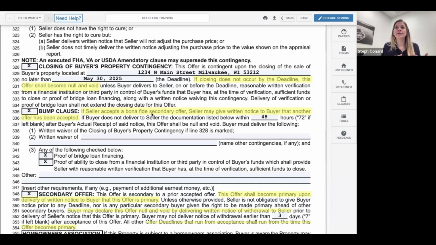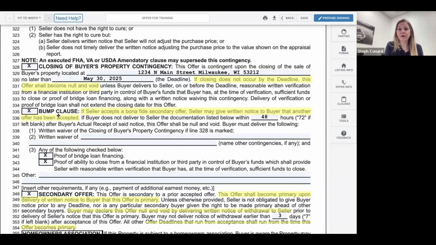The seller, though, was like, that's fine, but I don't want to keep my listing off the market. I want to continue marketing it and potentially accept a secondary offer and continue showings, because it's really risky for me to keep my listing off the market for 2 whole weeks while you gather estimates.